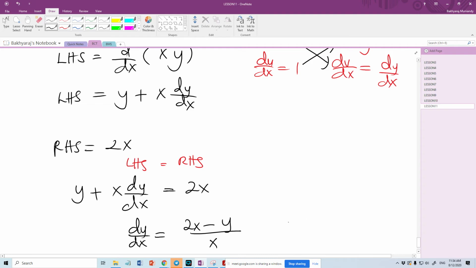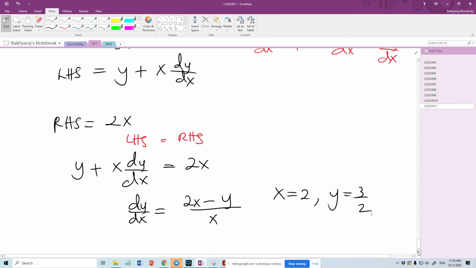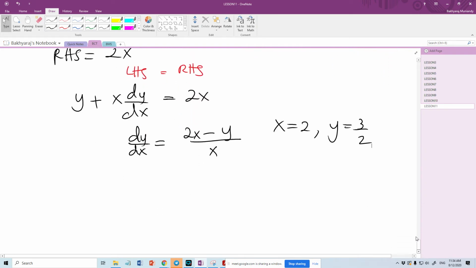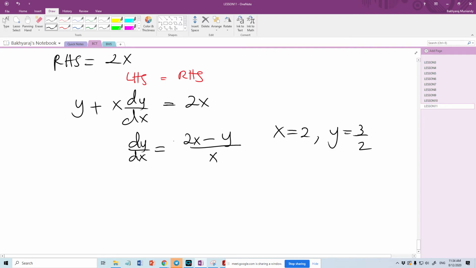Okay, now I need to go for substitution. So since I gave you the x equals to 2, y equals to 3 over 2, now we need to substitute into here so that we can find the gradient. Okay, so gradient is equals to what? Gradient ataupun m1 equals to dy dx, semua ni benda sama.